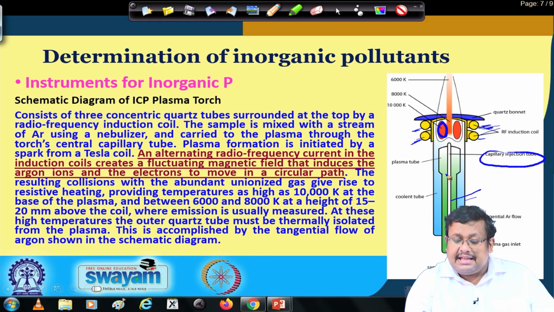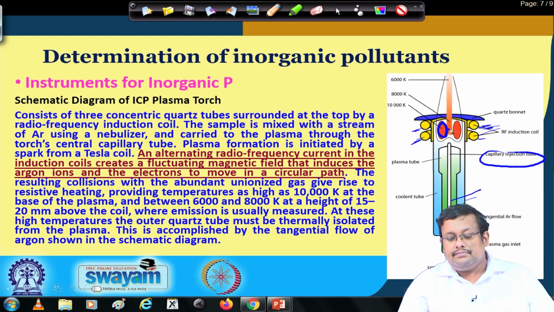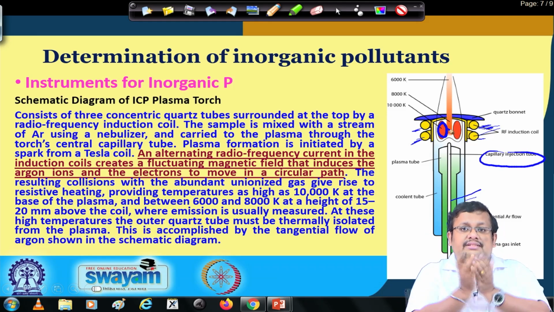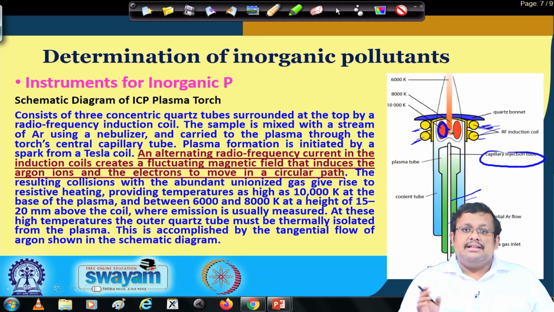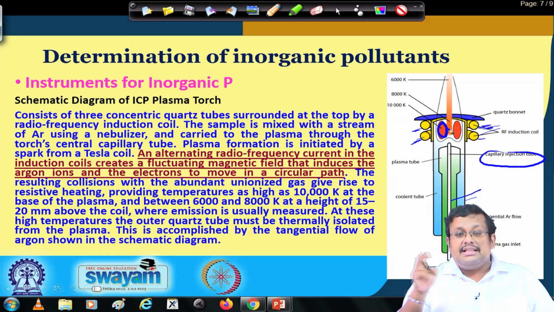This is the reason that this high temperature plasma is generated. Again, there are 3 concentric tubes: the innermost is the capillary injection tube, which carries the sample aerosol mixed with argon gas, then another concentric tube where the argon flows tangentially to form the plasma, and also there is a coolant tube.